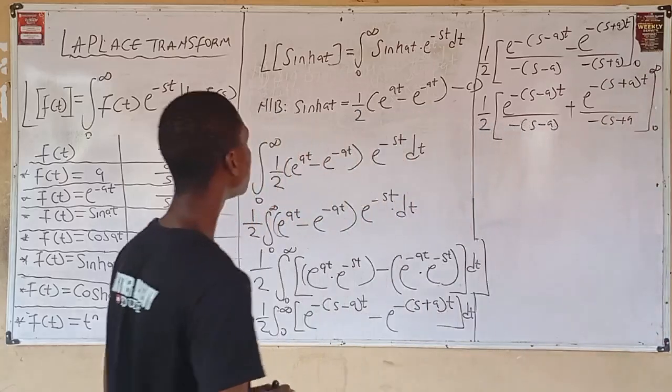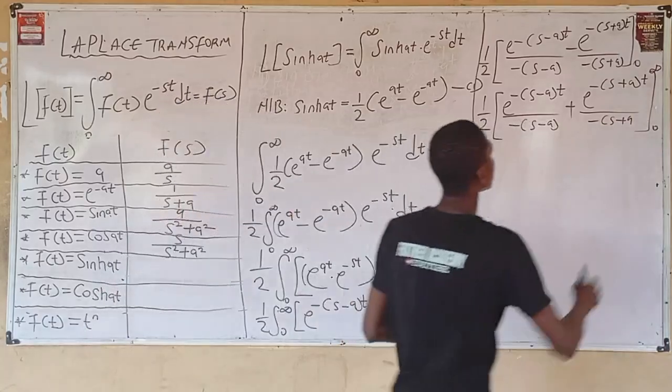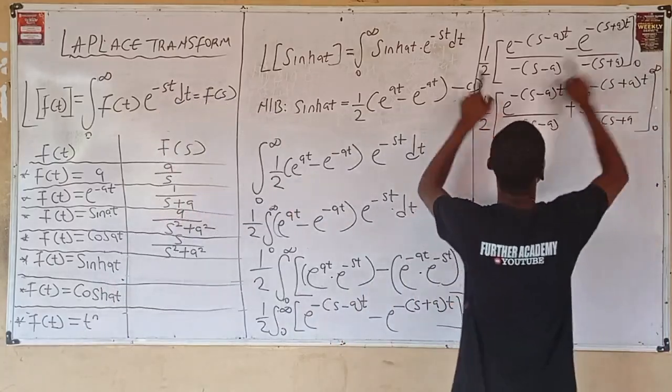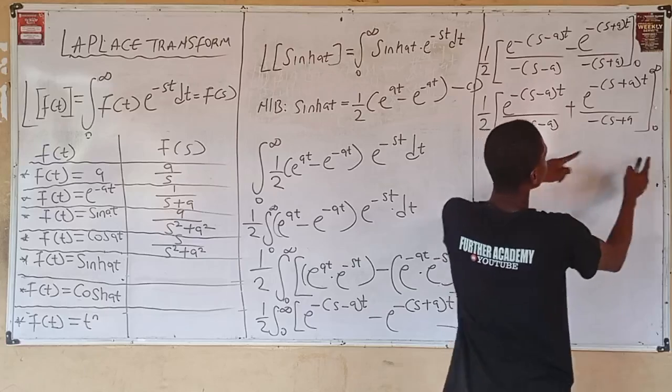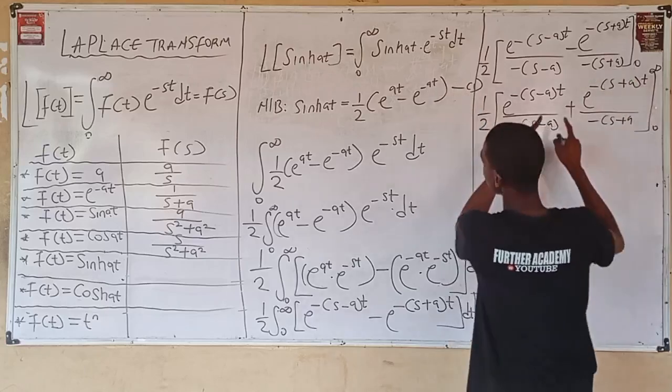Now, how your limit works is that your upper limit takes the whole expression, then your lower limit takes the whole expression.